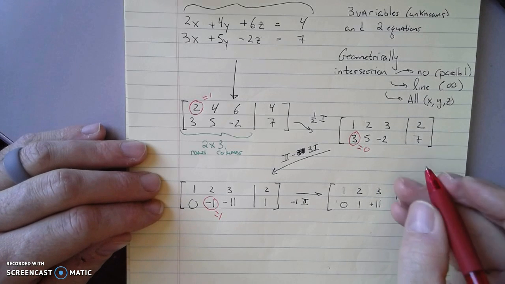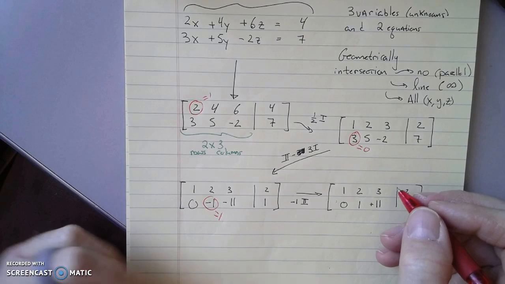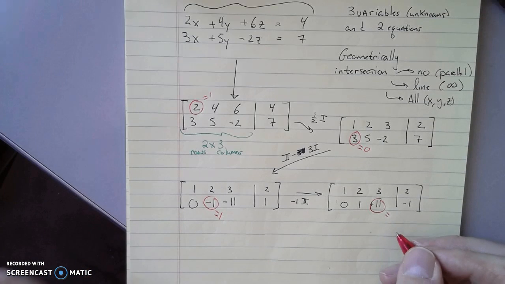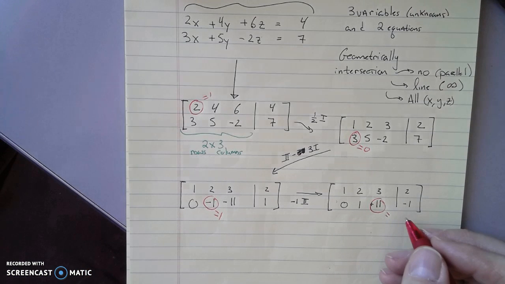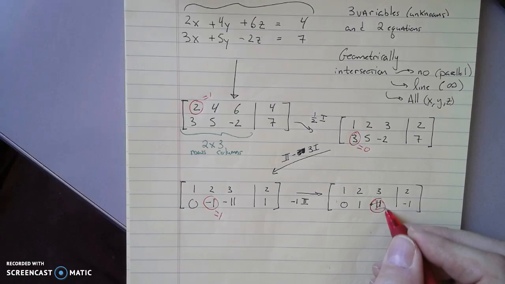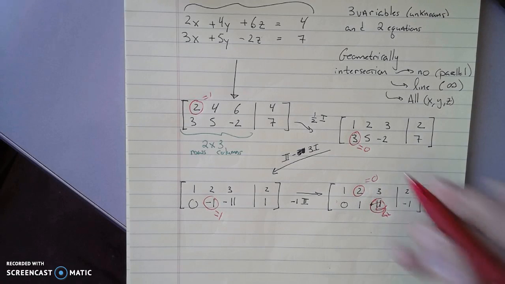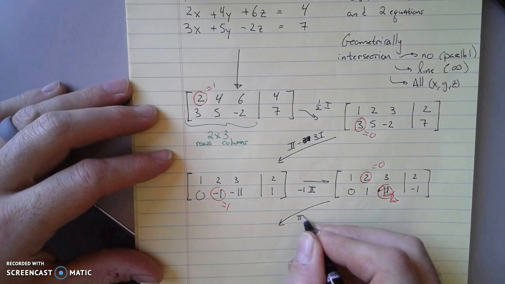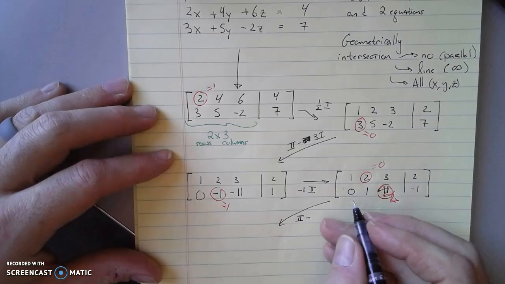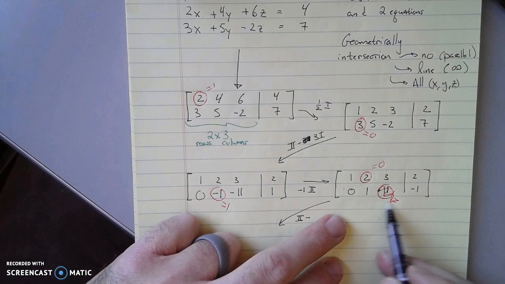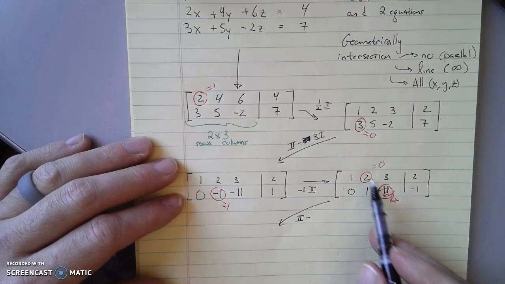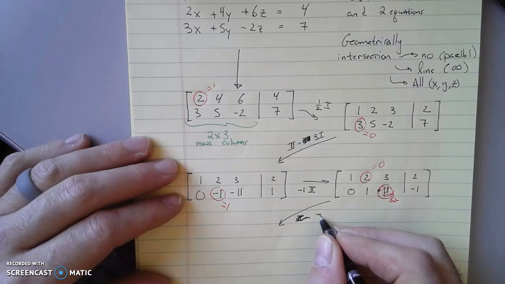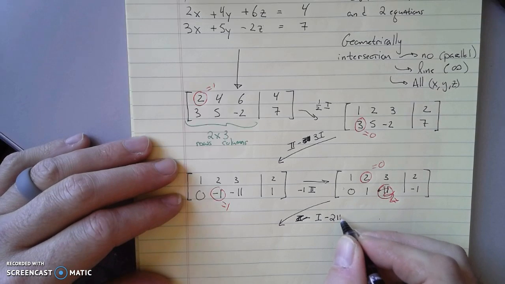Next goal, we got a couple of goals here actually. No, make this equal to 0. Okay. So to do that, we're going to take row 2 minus. So if this were a 3 by 3, right, we would be working in the third row, but we're not. So we're back up here. Row 1 minus 2 times row 2.